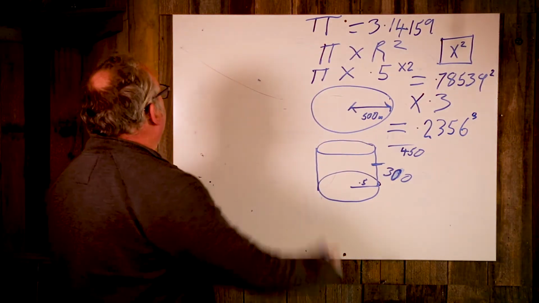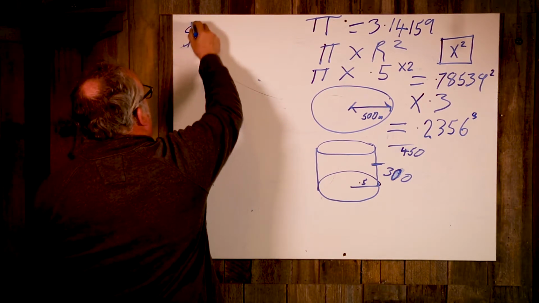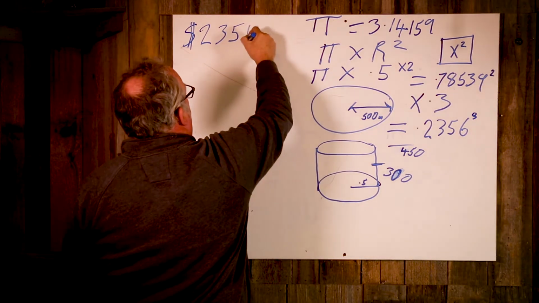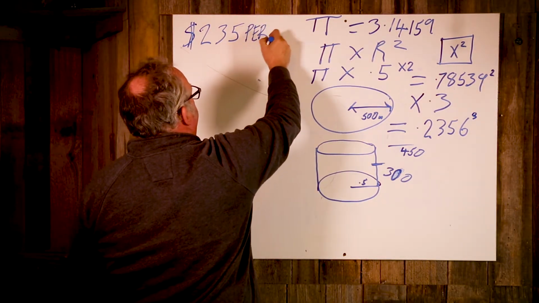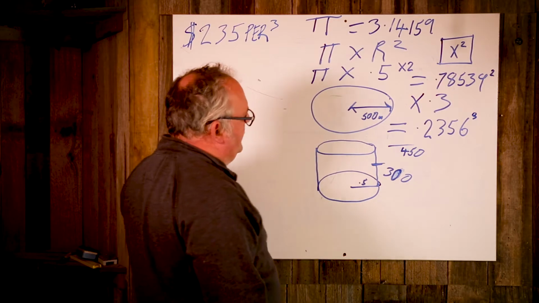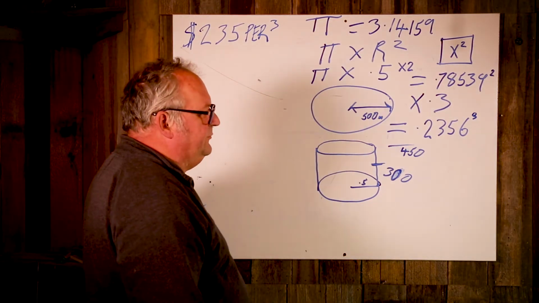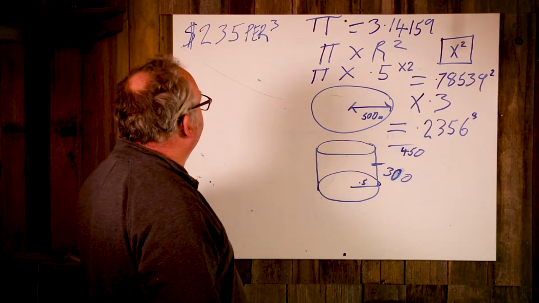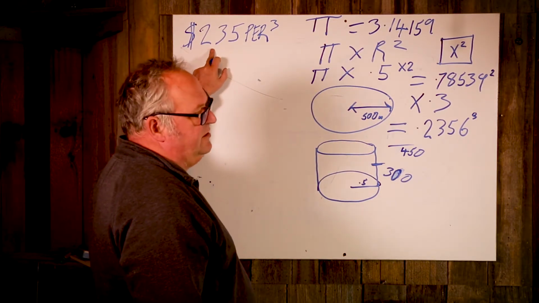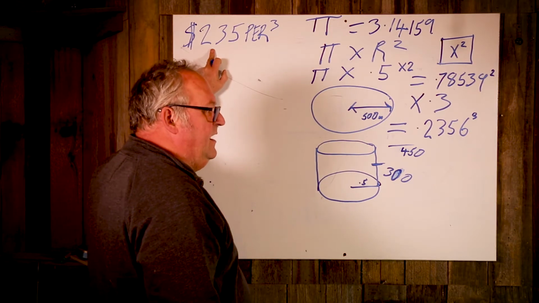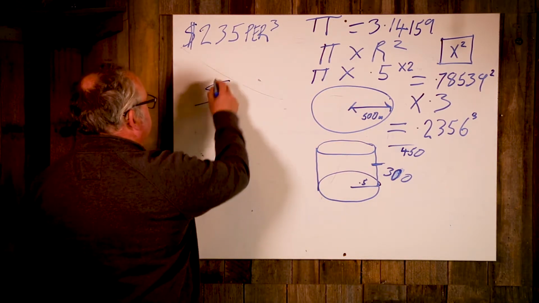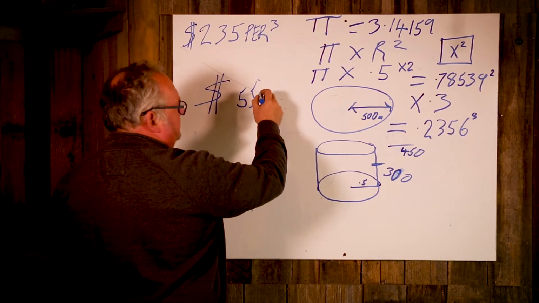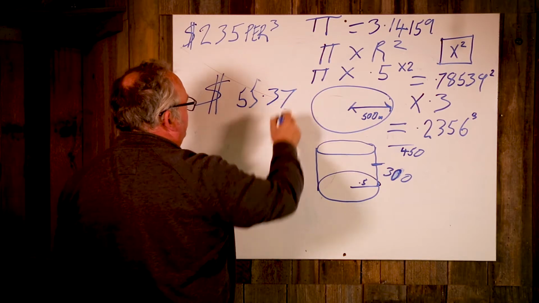Okay, so we agreed this morning on the last video that concrete was about $235 per cubic meter. So all we need to do is multiply 0.235 times 235, and that should give us 55.37.